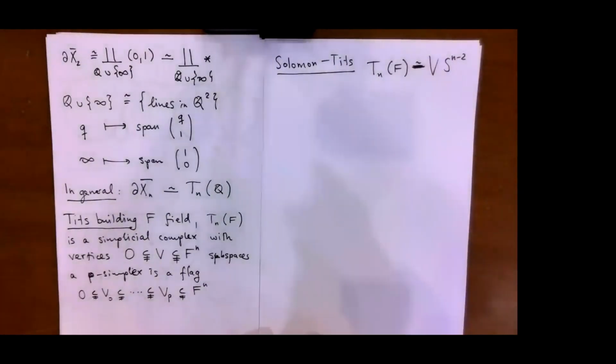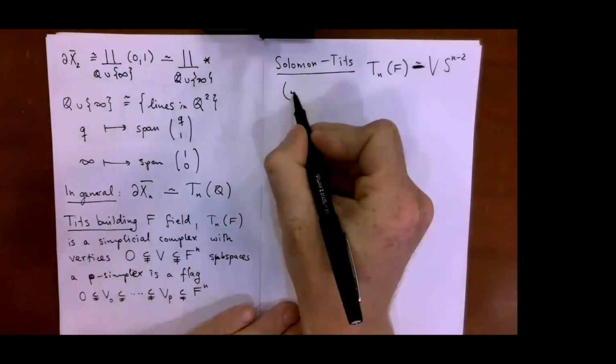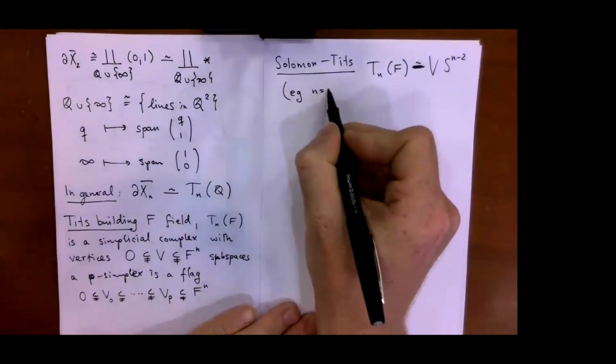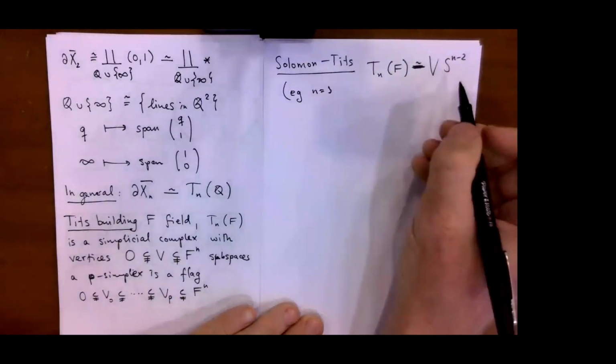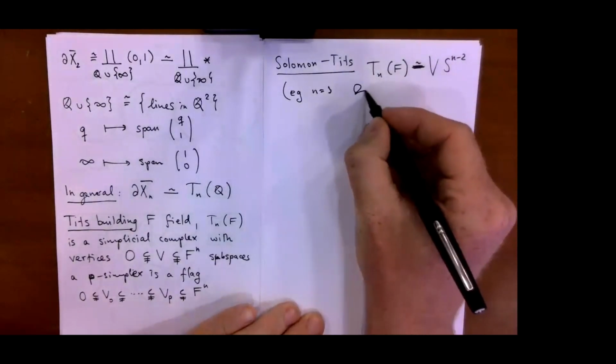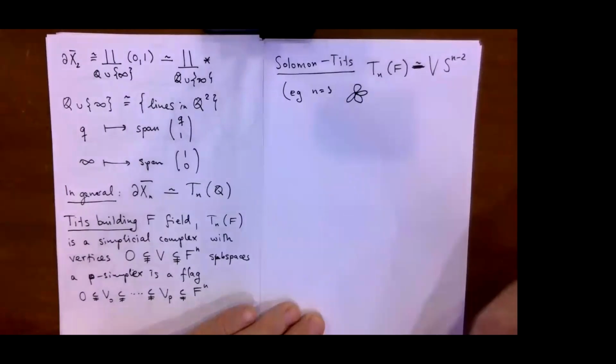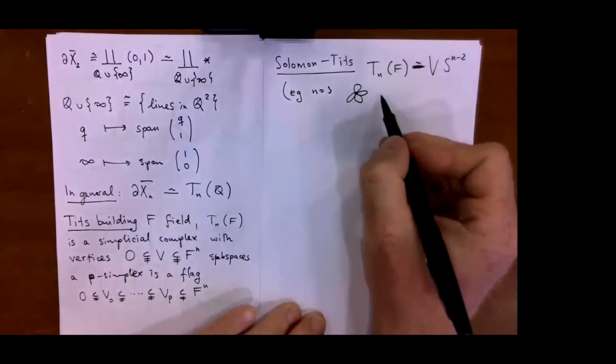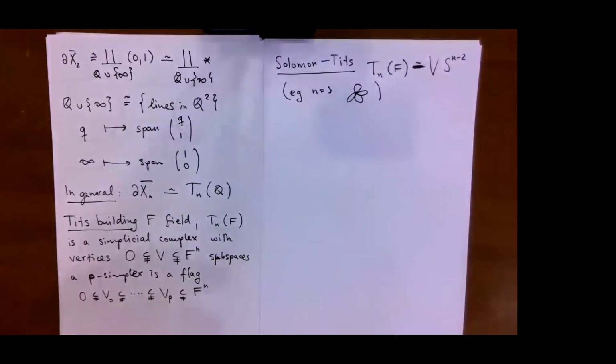It just means that I take a bunch of n-2 spheres and glue them all together in one point. So maybe as an example, for n equals 3, this would be S1s. So I glue a lot of S1s together in one point, right? So this is a wedge of S1s. So this is where it comes in to show that something is highly connected. All the low homotopy groups are 0.